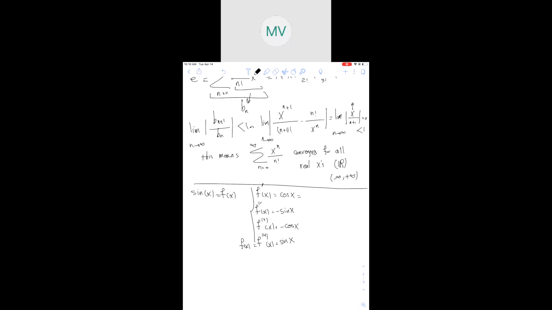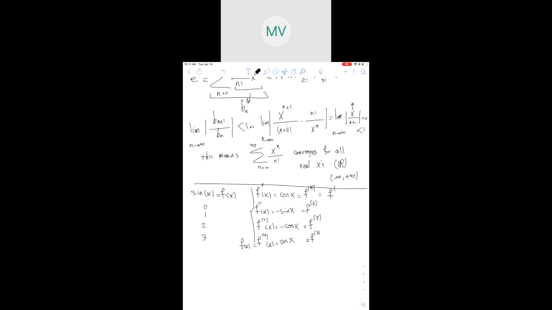Now, fifth derivative, sixth derivative, seventh, eighth, and you can repeat this. So this order of derivative, in fact, if you divide numbers by 4, the remainder is either 1, 2, 3, or 0.